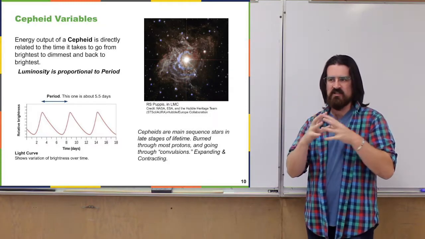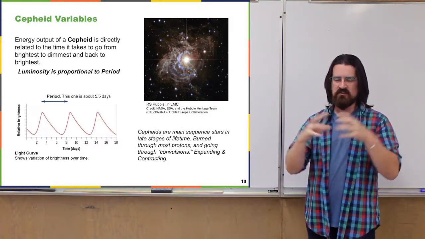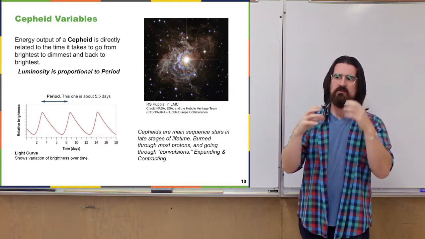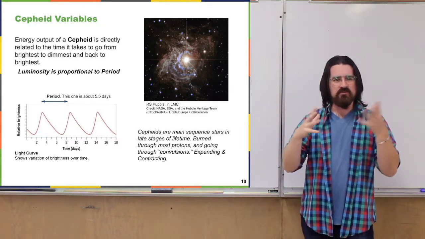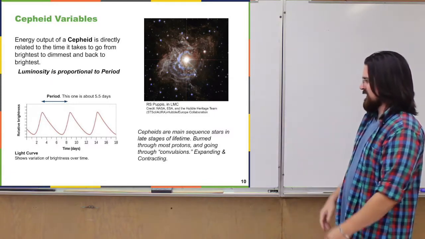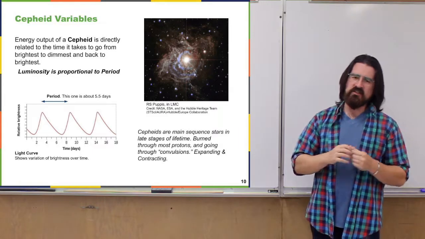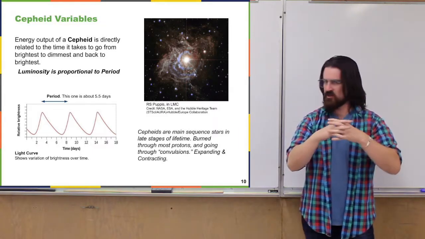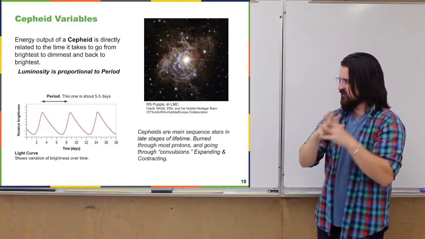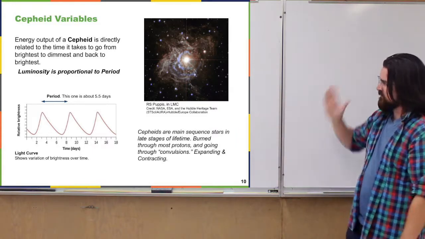So they want to keep burning through stuff. There's a lot of gravitational energy crushing down, which keeps increasing the temperature, but they're almost out of stuff. It's almost like a car that's running out of gas. It starts to sputter. And that sputtering or convulsing means that the star is actually expanding and contracting in size. And that's affecting its luminosity. It's going up and down and up and down.